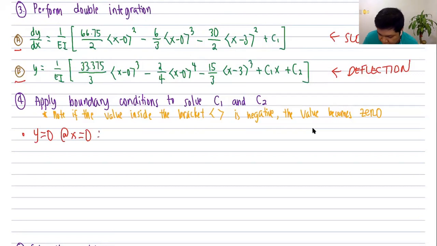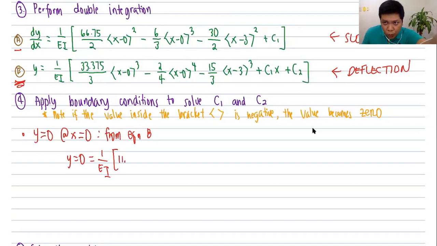From equation B, I can say that y equal to 0 is equal to, I just substitute, 1 over EI from equation B times 33.375 divided by 3, which is equal to 11.125, times x minus 0.